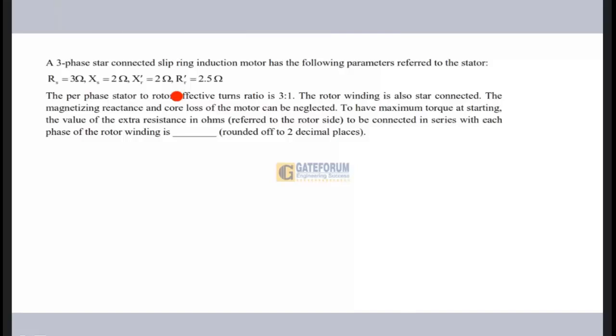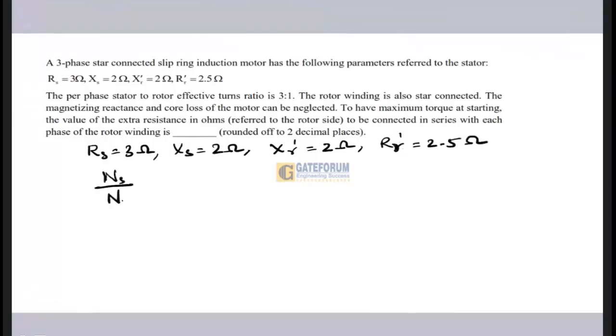The per phase stator to rotor effective turns ratio is 3 by 1. So what is given is RS equal to 3 ohm, XS equal to 2 ohm, XR dash equal to 2 ohm, RR dash equal to 2.5 ohm, and they've given the turns ratio per phase of stator to rotor.